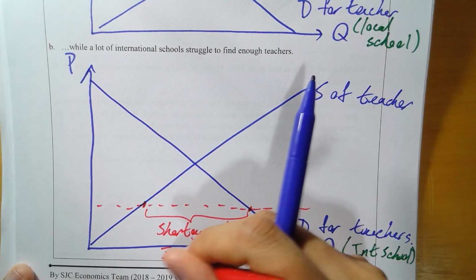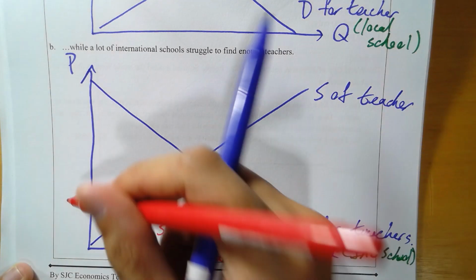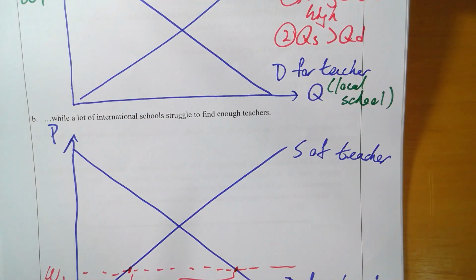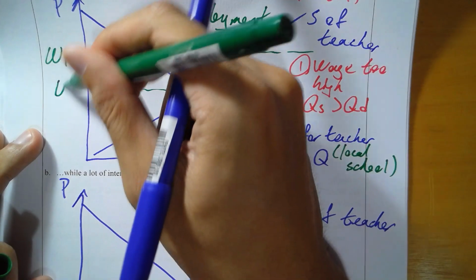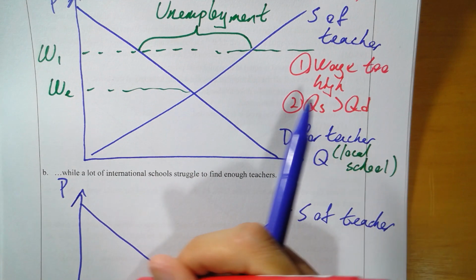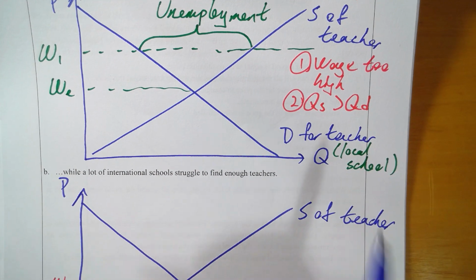So here we have a problem of shortage of international teachers. 咁點解會有 shortage 嘅？The wage is too low, right? 係咪啊？上面畫清楚先啦。Suppose the wage should be here, 係咪啊？Suppose the wage should be here, but now it's way too low.